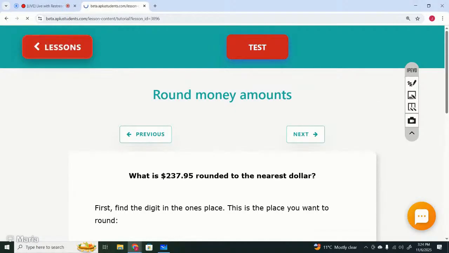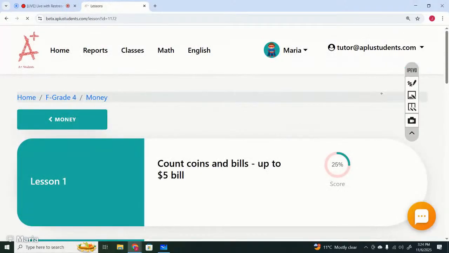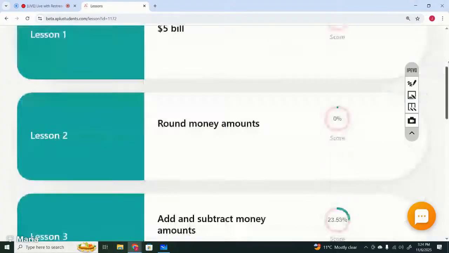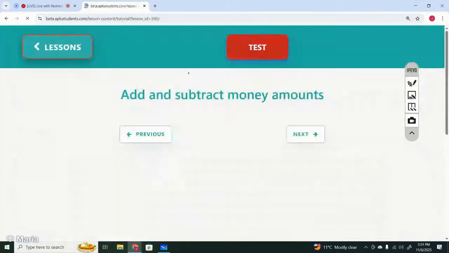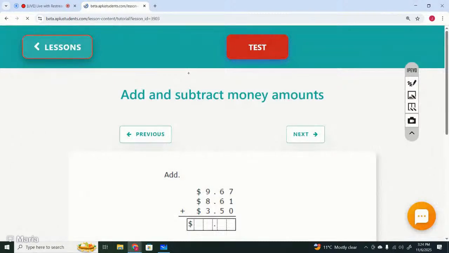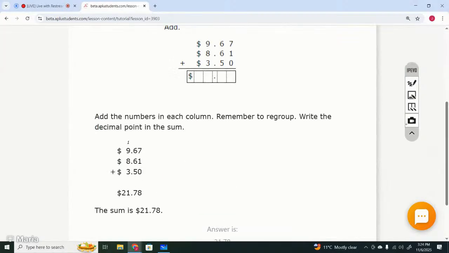The next lesson is add and subtract money amounts. $9.61 plus $3.50.